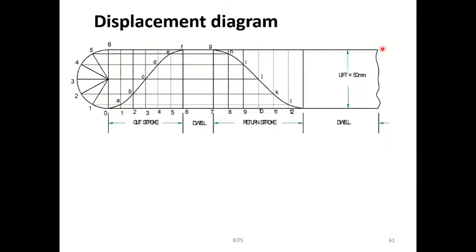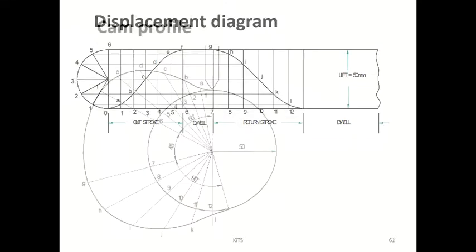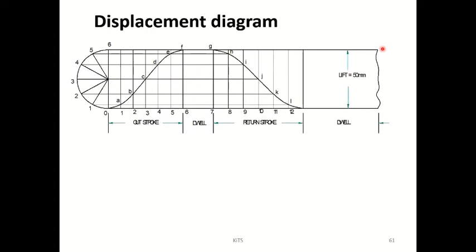First we have to draw a displacement diagram. In the question, outstroke is for 60 degree, return is 90 degree, and dwell is 45 degree. First you have to draw a horizontal line.